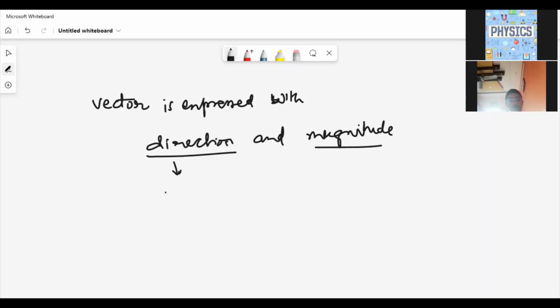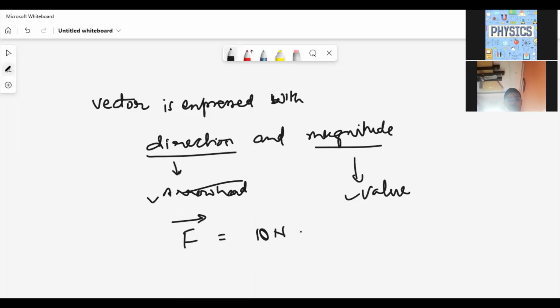Direction is expressed with an arrowhead. Magnitude is expressed with a value. So if I express F with an arrowhead, then this arrowhead indicates the direction and the value indicates, like, 10 Newton.